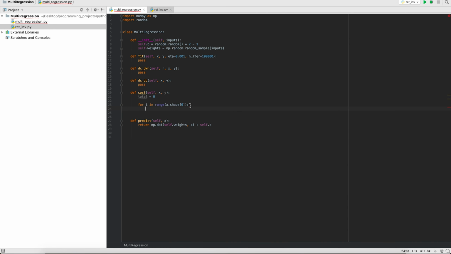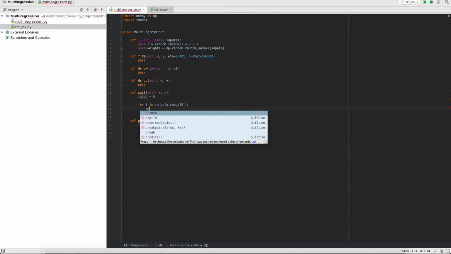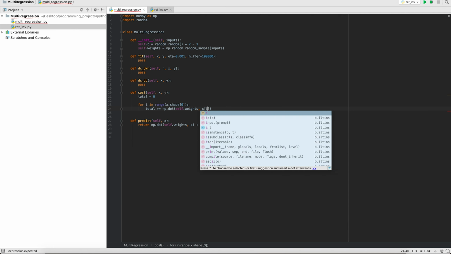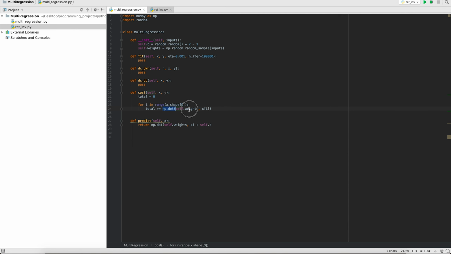But that's not what's important, because we know that we can just say total plus equals np.dot between the weights and xi. This is the dot product of all the weights and one sample of x. One sample of x. Because remember, this is propagating.